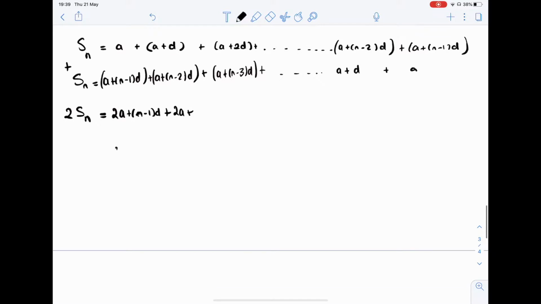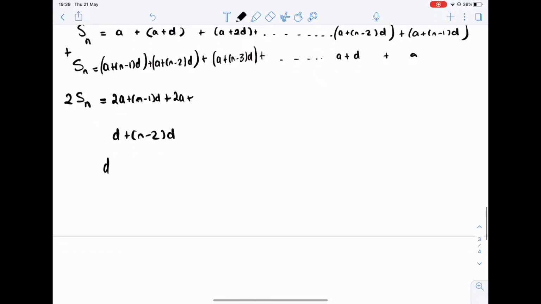If you look at D plus (n minus 2)D, you can factor out D and write that as 1 plus (n minus 2). Does that make sense? Because if we factor out D, to get D you times it by 1, and to get (n minus 2)D you times by (n minus 2), and that just becomes D lots of (n minus 1). So it became (n minus 1)D.